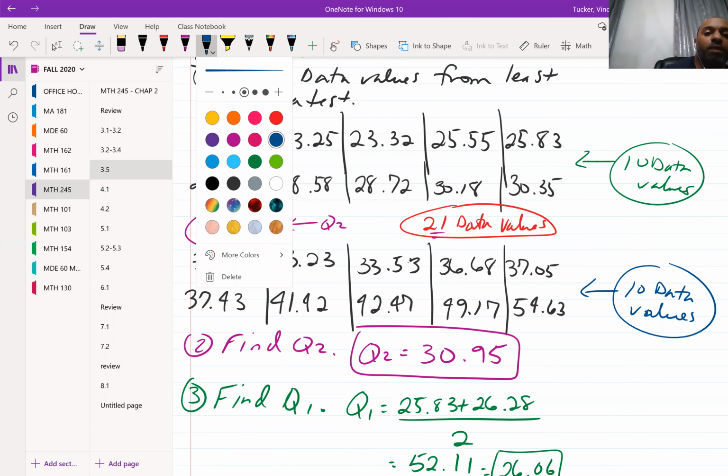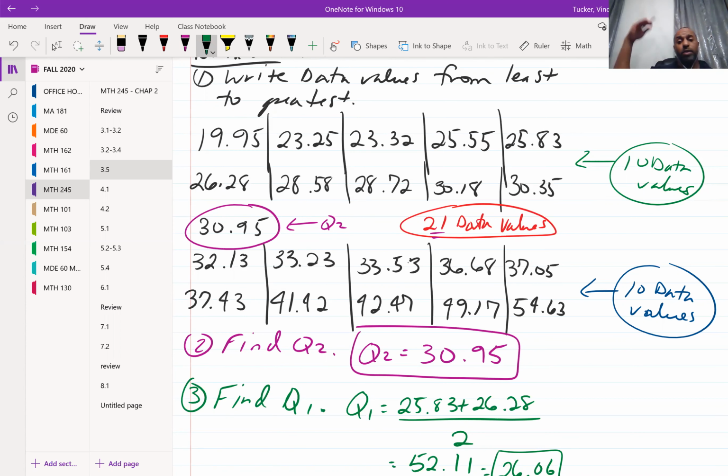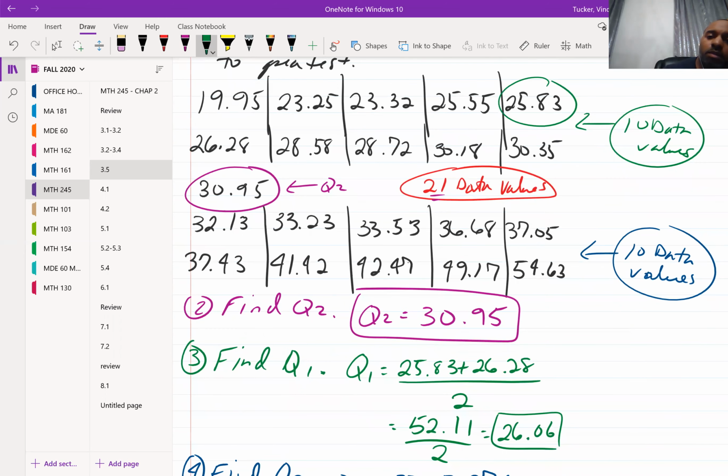So we have an even number of data values in the first and second half of data, so we don't have a middle number. We have to take the two middle values, add them together and divide by 2. That's how we get 26.06 right here for Q1.